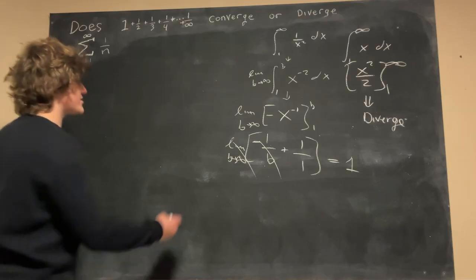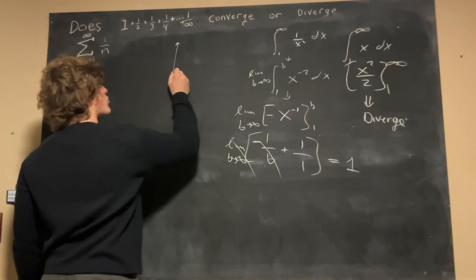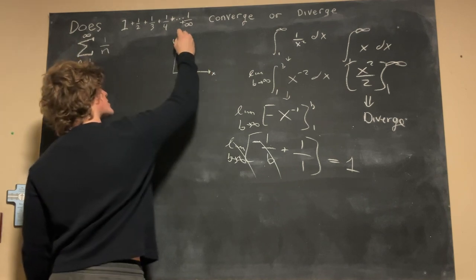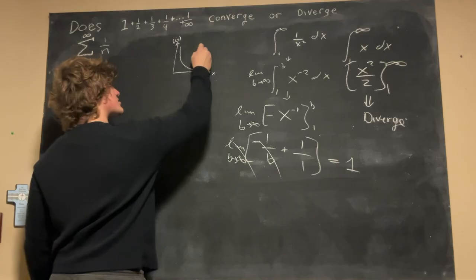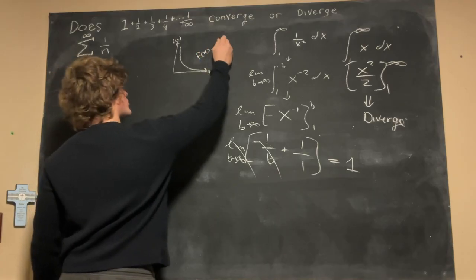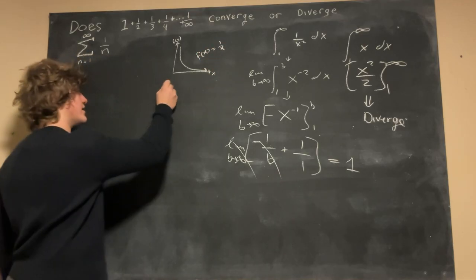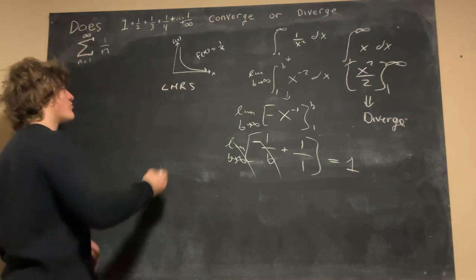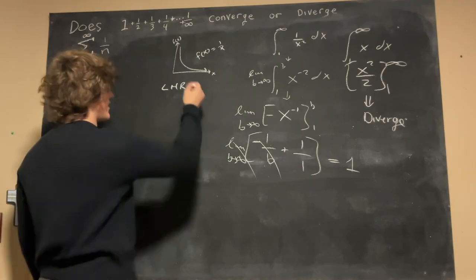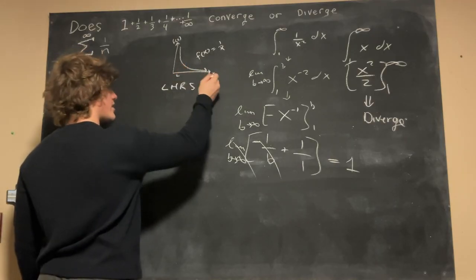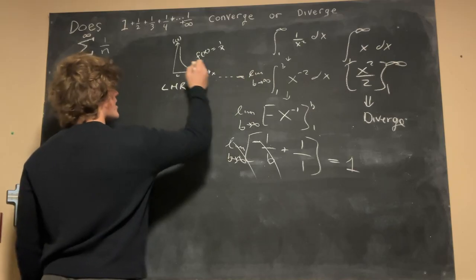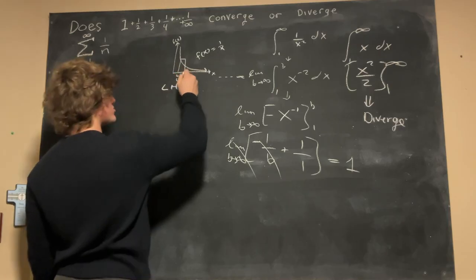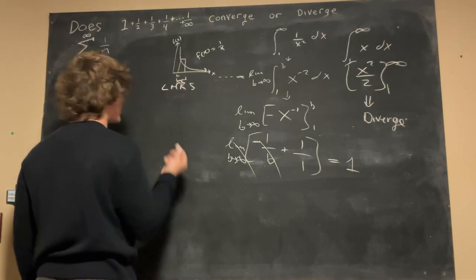Now to begin, let's look at the graph of 1 divided by x. We have x right here, then we have f of x, and f of x is equal to 1 divided by x. Now let's look at a left-hand Riemann sum of 1 over x from 1 to infinity. We are starting at 1 and going all the way to infinity, using a step size of 1, so delta x is 1.